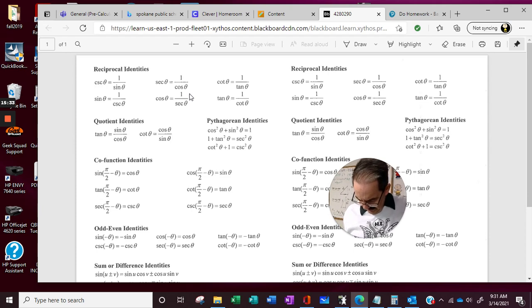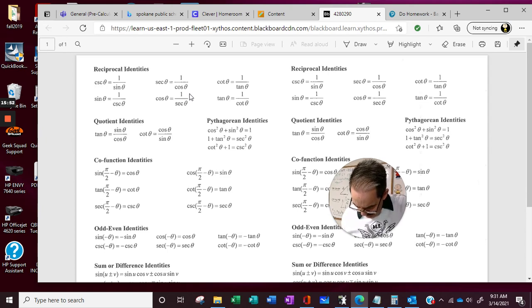We have to have common denominators. So we get sine squared over cosine plus sine cosine squared over cosine.